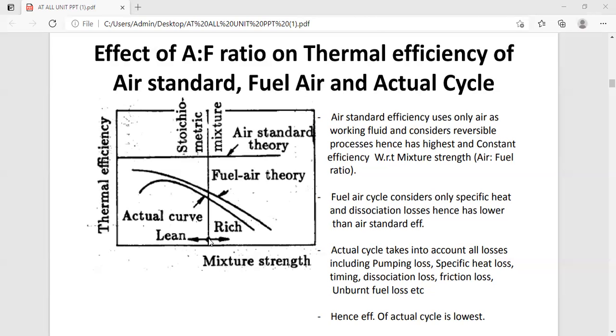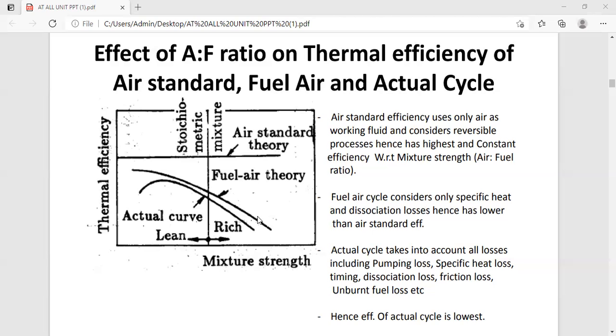If we go to the left side of this, we get a lean mixture. And if we go from the stoichiometric point towards the right, we get the rich mixture. So this is related with the air standard efficiency or air standard cycle.